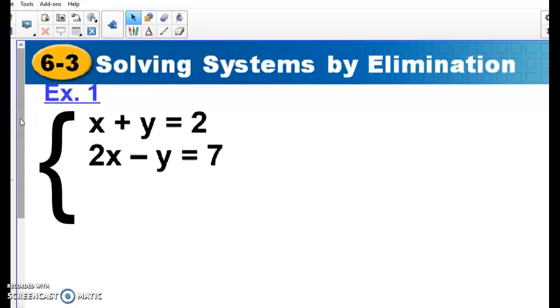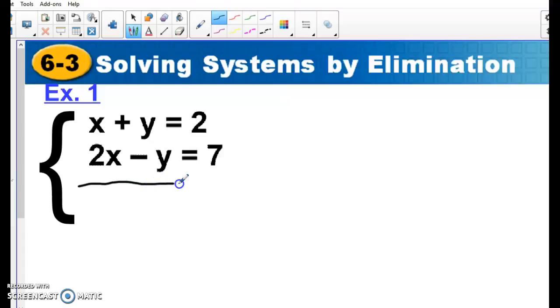If we look at a problem like this, we need to eliminate one of the variables. So we're going to treat this like an adding or subtracting problem, and you decide whether we're going to add or subtract in order to eliminate a variable. We have an x and a 2x. If I add or subtract those, it doesn't matter because they're not the same, so they won't eliminate.